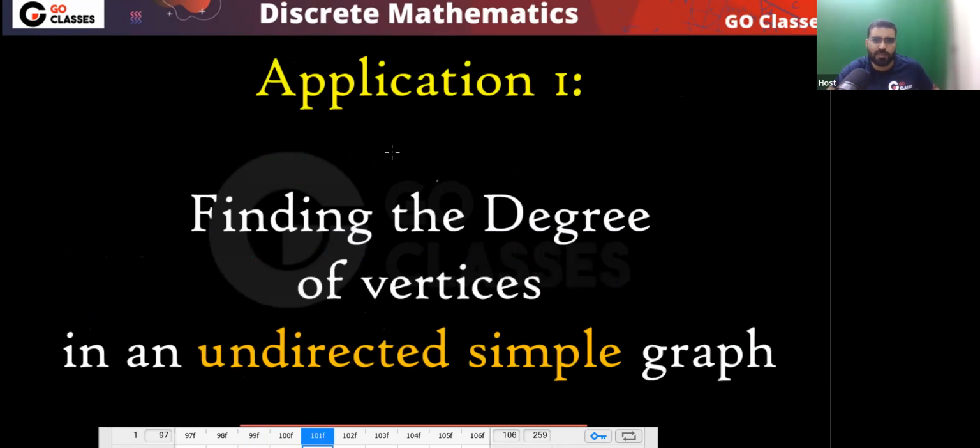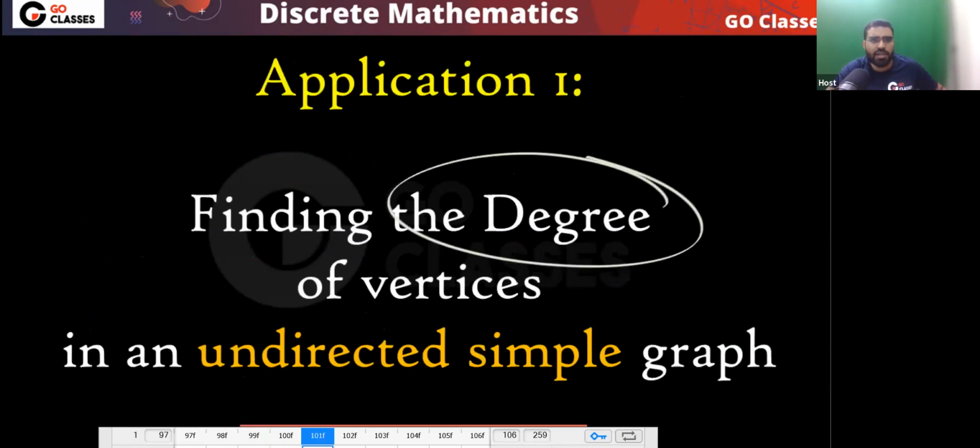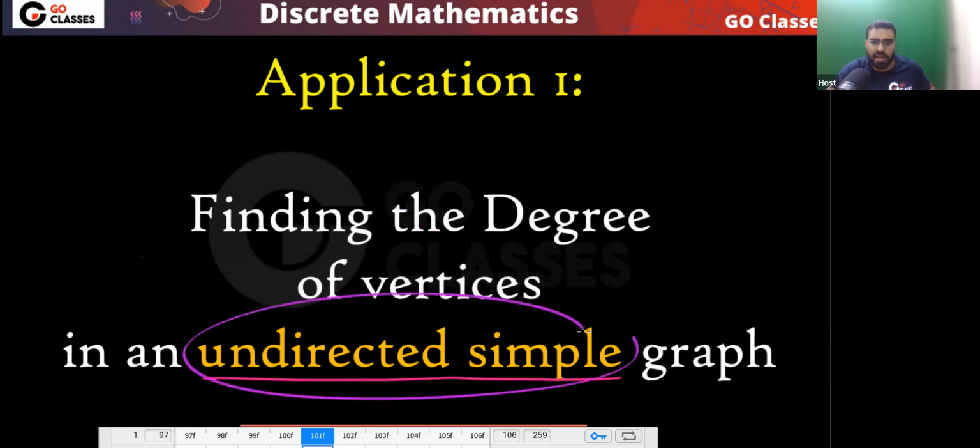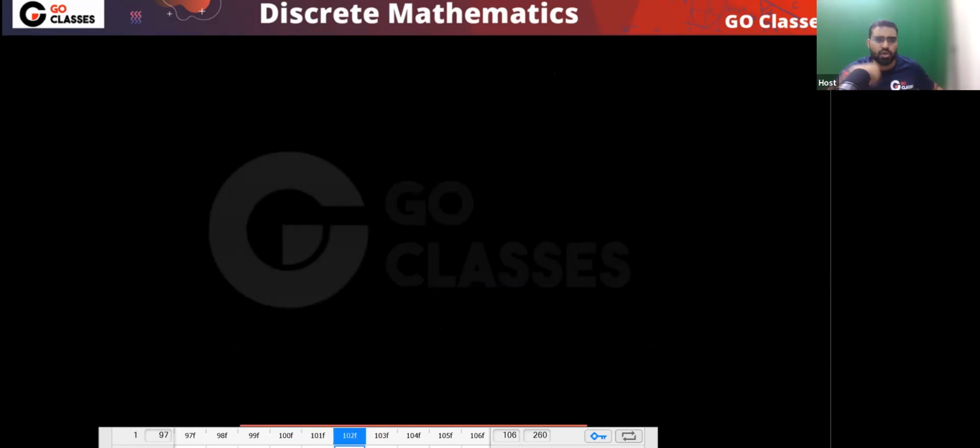Let's start with the first application. Can you find the degree of all the vertices in an undirected simple graph? How will you find it? What is the first method that comes to your mind? You have an undirected simple graph.